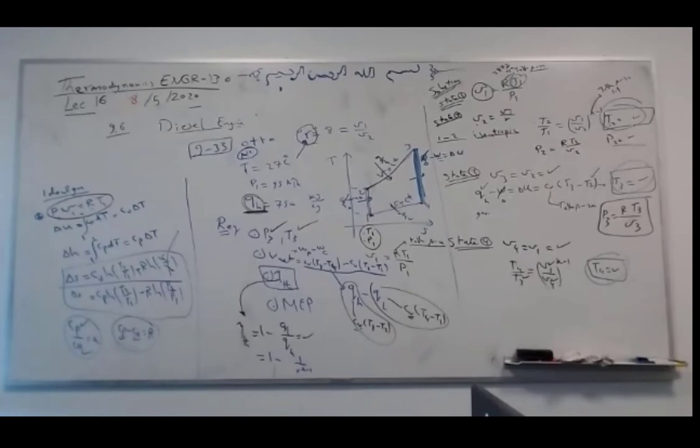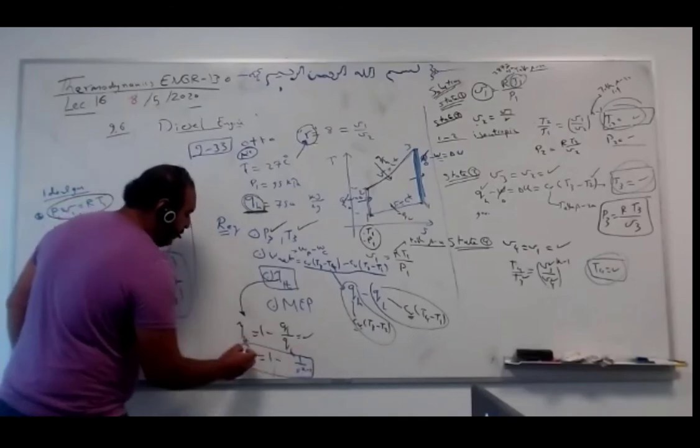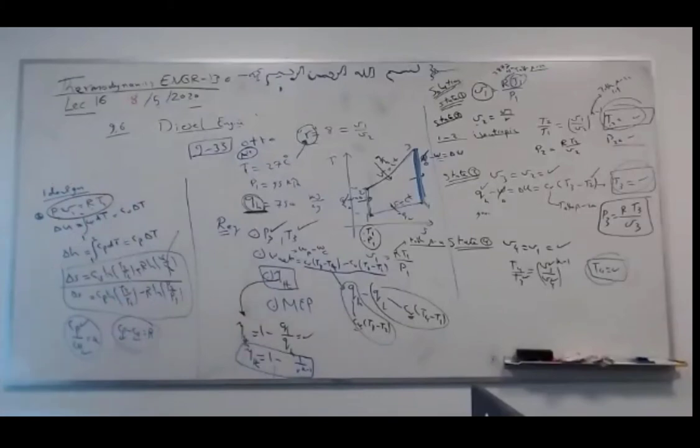I don't think so. So this does not take more than 1 minute, and you will see it in the exam. In all the exams, this is a 1-minute line. If you have the compression ratio for the Otto, you can get it. If you have the compression ratio for the diesel, you can get it, and of course the cutoff volume ratio, both R and RC. Here we need only R and K. Then we need R, RC and K for diesel.